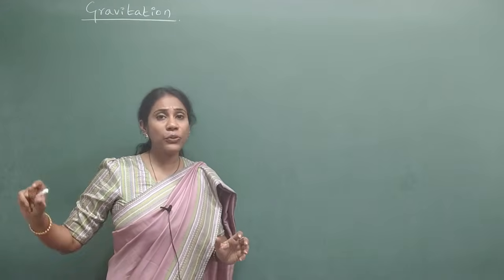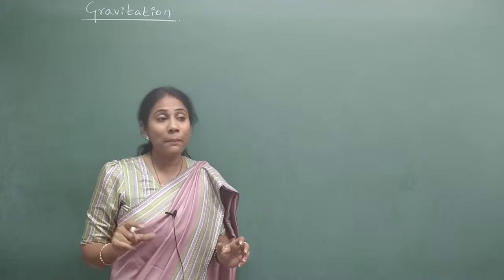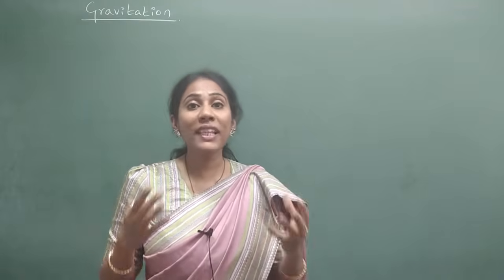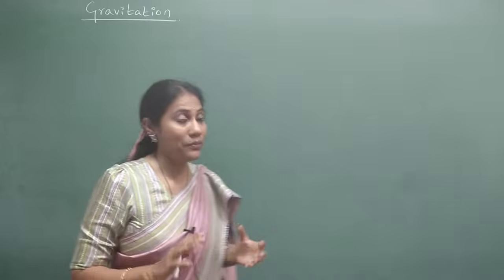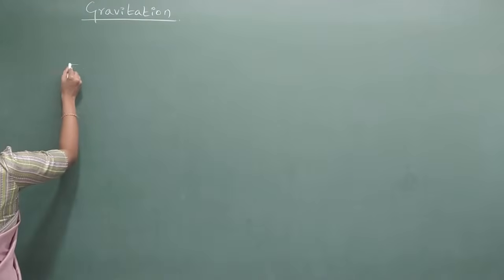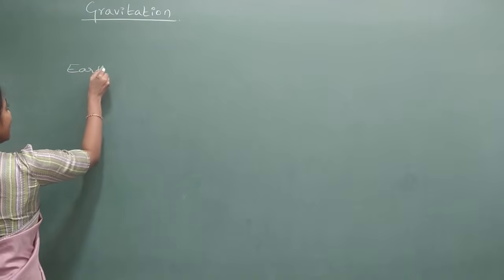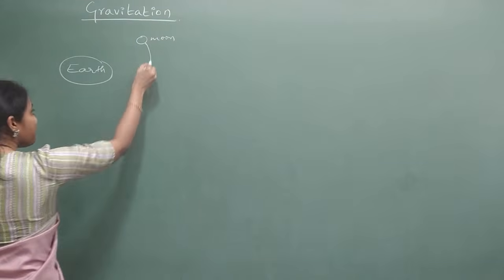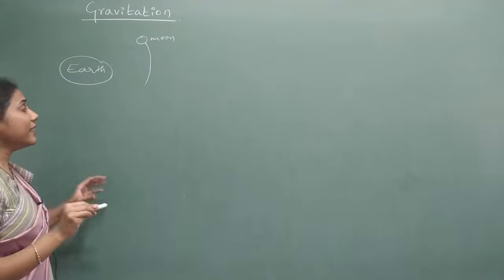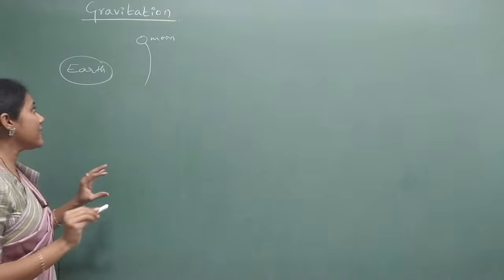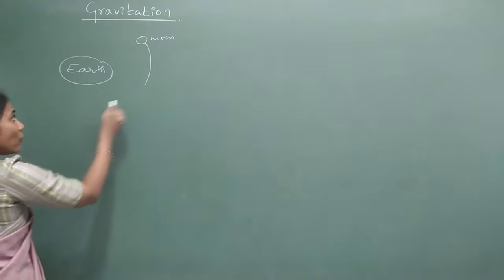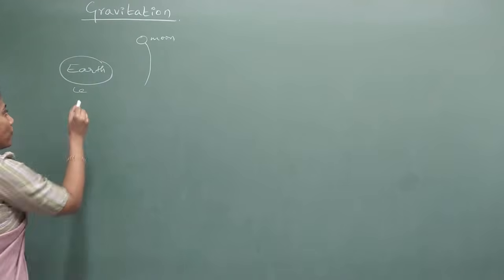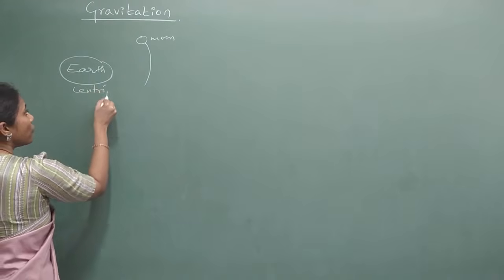And many students were asking me, ma'am, please explain in a deeper way how the moon can rotate around the earth. So I said, if this is the earth, and the moon always rotates around the earth, I also told you the reason that keeps the moon revolving around the earth is a type of gravitational force called centripetal force.